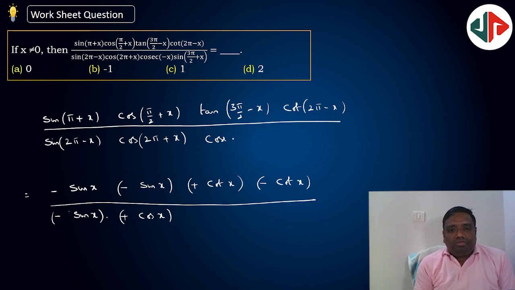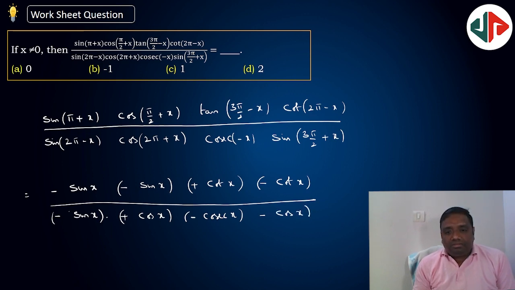Next, cosecant of minus theta means fourth quadrant, so minus cosecant x. And next is sine of 3 pi by 2 plus x, which means fourth quadrant. Sine is negative. Odd multiples of 90 means sine changes to cos.